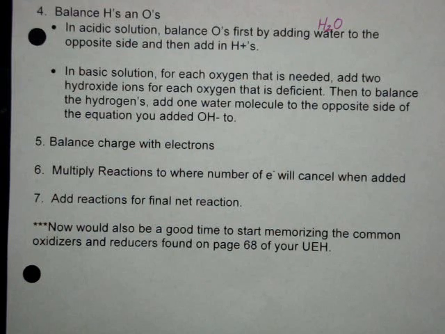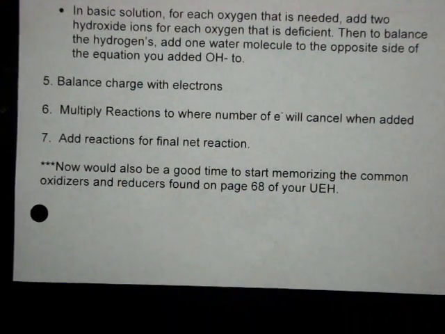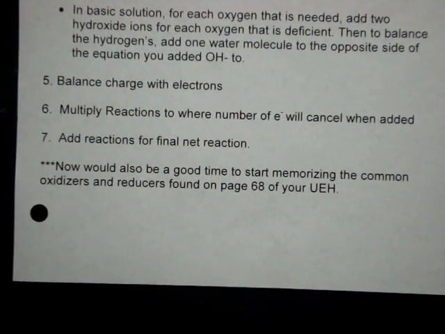The reason you add 2 hydroxides rather than the one you expect is that you still have to use water to balance it on the other side, and each water contains 2 hydrogens, which gives you an inappropriate ratio. Whereas if you just double the amount of oxygen you need to begin with, balancing it with the water is a lot easier. Finally, balance the charge with electrons.